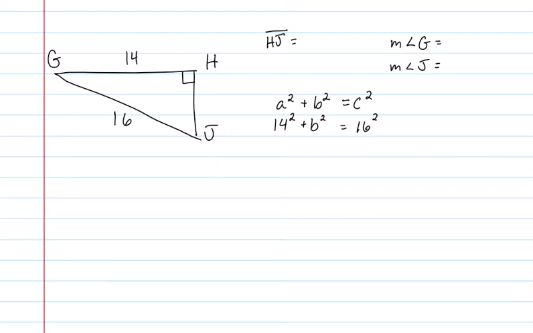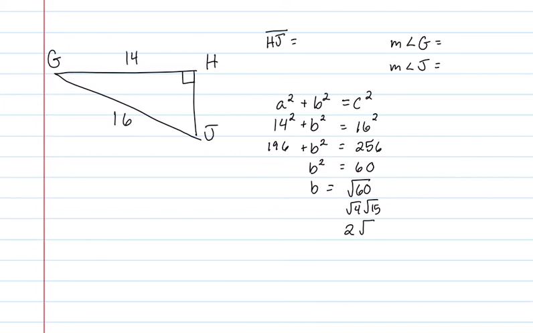I'm filling in one piece at a time here. 14 squared is 196. 16 squared is 256. When you subtract, b squared equals 60. If you were to take the square root, you might be able to leave it like that. If you reduce the radical, that breaks into radical 4 times radical 15.